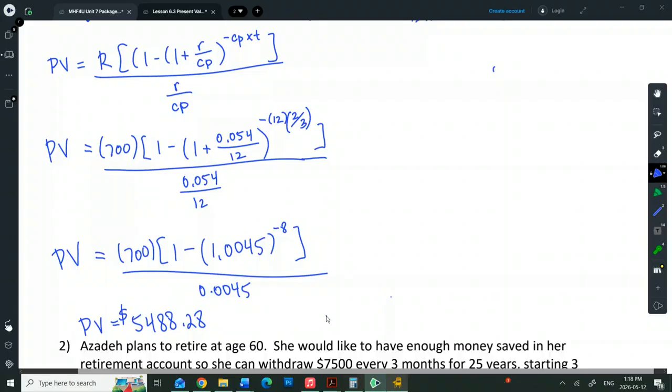Because you're gaining interest on that by having it in that savings account over time, right? So although by the end he's taking out 5,600, he only needs 5,488 initially in the account. Some of that's going to earn interest over time as well. Make sense?